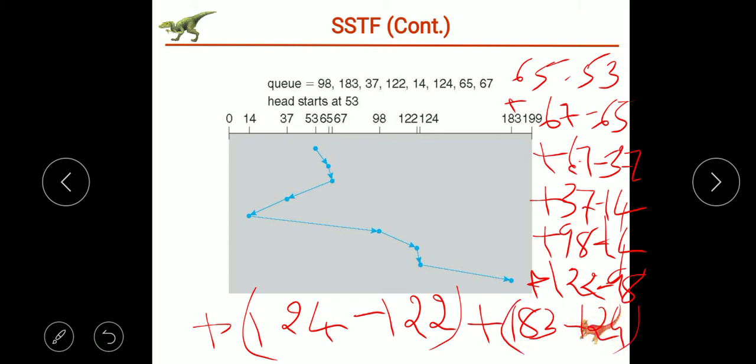You have to add all these, and you will get the result as 236 cylinders. Total head movement will be 236.